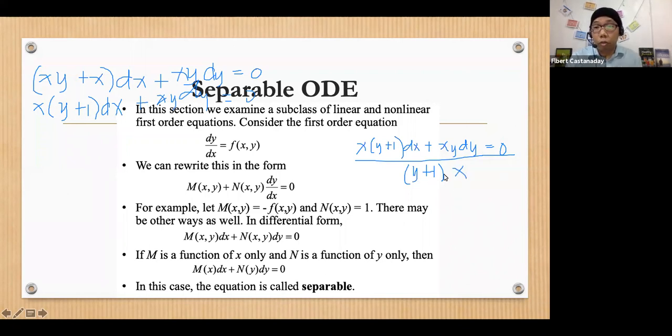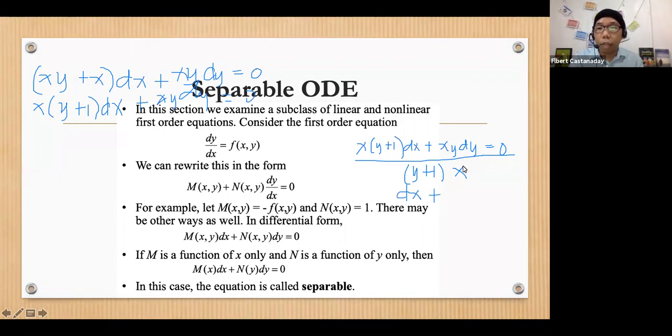This means each term is divided by these functions. This product, x divided by x, the x is gone. y plus 1 over y plus 1, this is gone. So what is left in the first term? You have dx. No problem, because it is a pure function of x. And 1 is still a function of either y or x, since it is a constant.